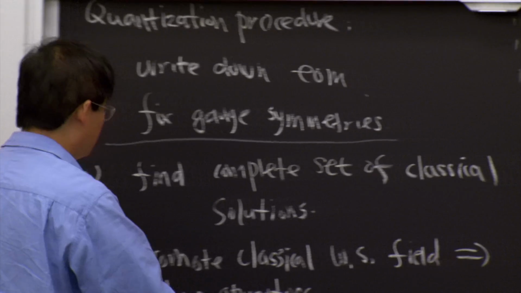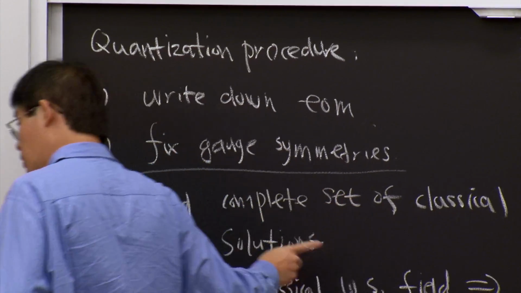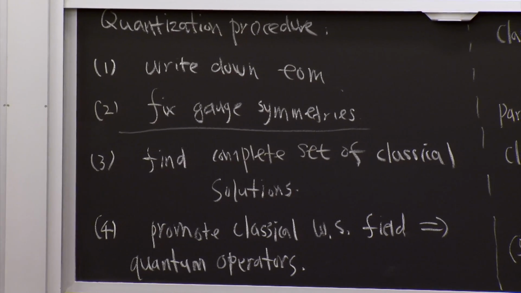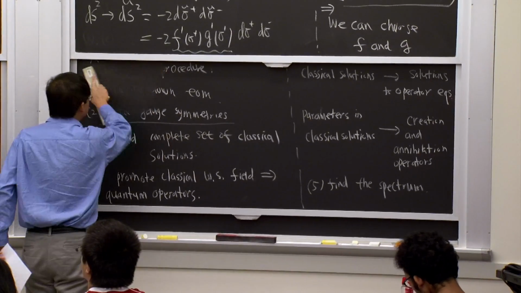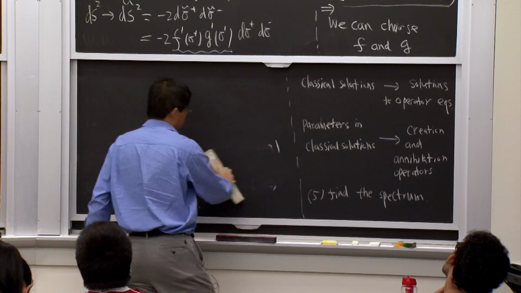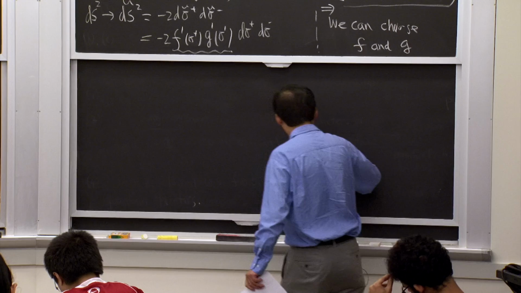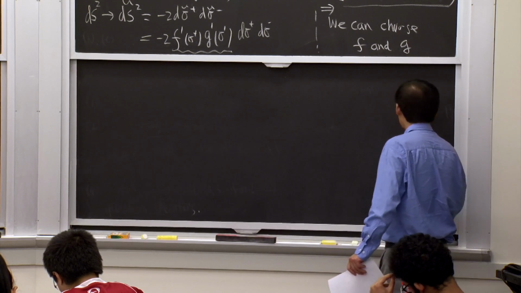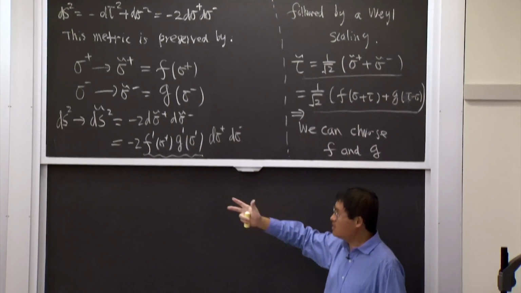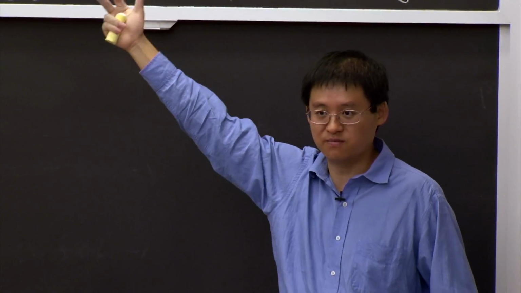Let me erase this because I think you all know this. At the level of equations of motion, you have the freedom to choose tau tilde to be any combination of those x, because those x precisely have that freedom.